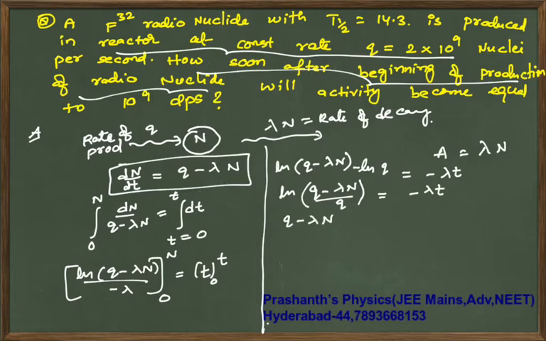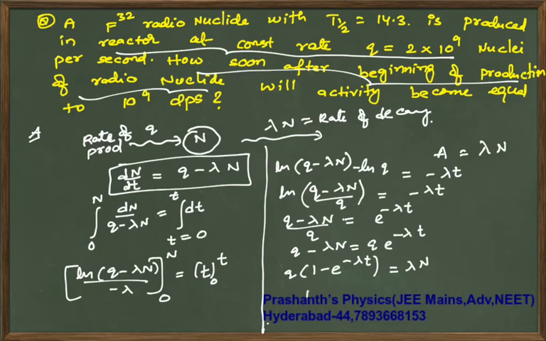Q minus lambda n by Q is e power minus lambda t. Q minus lambda n is Q times e power minus lambda t. Q times 1 minus e power minus lambda t is lambda into n. Your n value is Q by lambda times 1 minus e power minus lambda t.